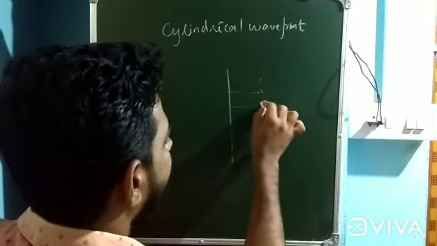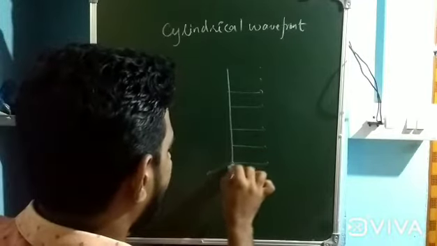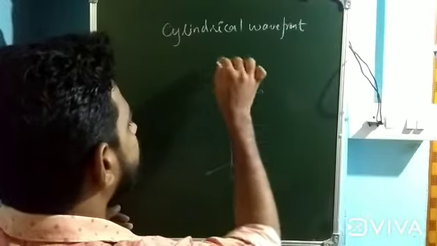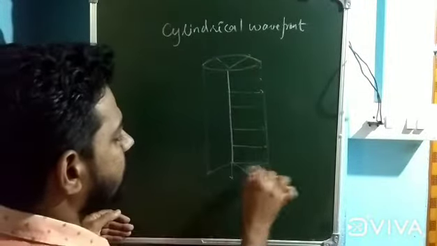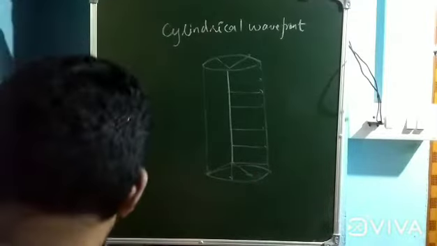It is like a plane, so all directions, and here also it is traveling like this in all directions. So when we draw the wavefront, what will you get? A cylindrical wavefront.